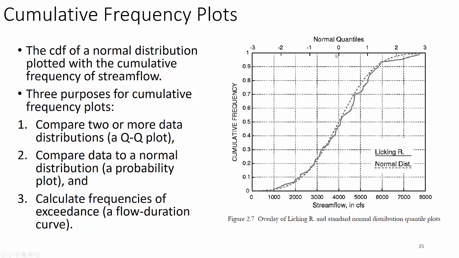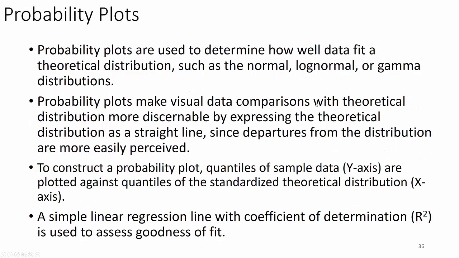So if we know that 95% of a normal distribution is 1.96 standard deviations away from the mean, we can come out here to a normal quantile of 1.96, draw a line down, and over here and draw a line down, and we can say 95% of the flow data are between these two lines, 1.96 quantiles, or Z alphas.